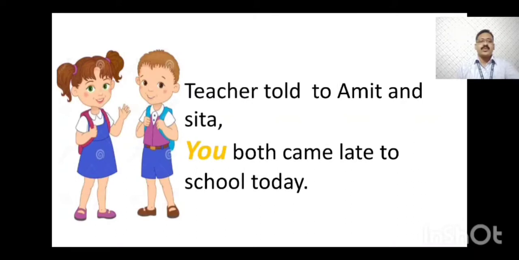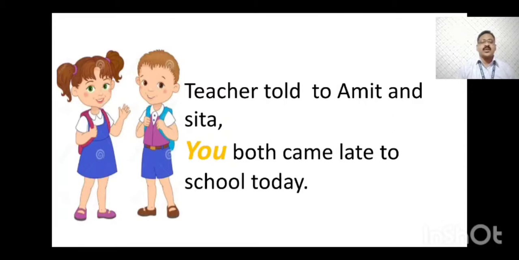Here one boy and girl are standing. Let's see the sentence. Teacher told Amit and Sita. Now the boy is Amit, the girl is Sita. Teacher told them, you both came late to school. Here, as I told you, you can be used for a singular noun as well as a plural noun, for boy as well as girl.